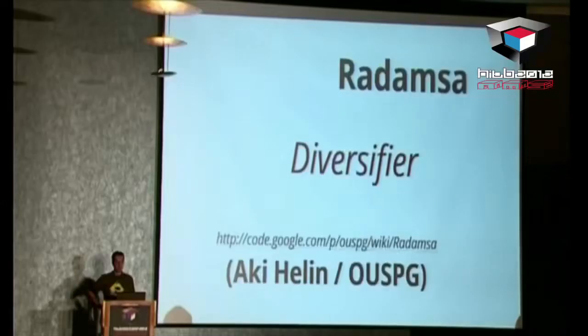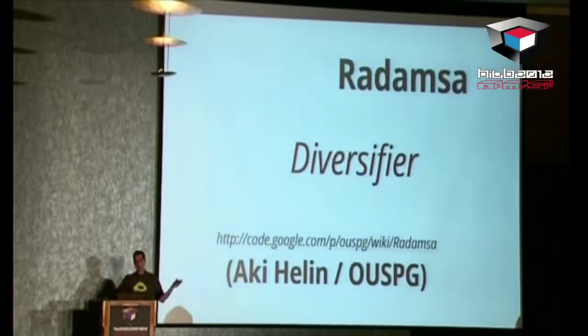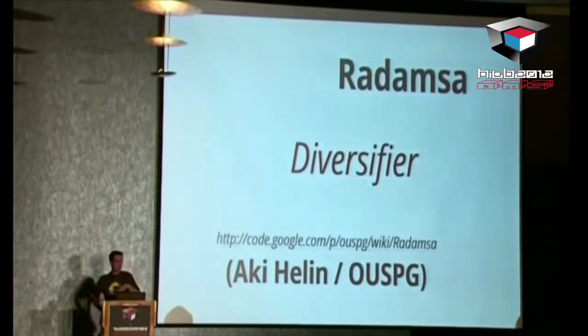The diversifier I use is Radamsa, which is very, very cool. I generally give it 5K files and ask for 1 billion in output, and I feed them to the parser.